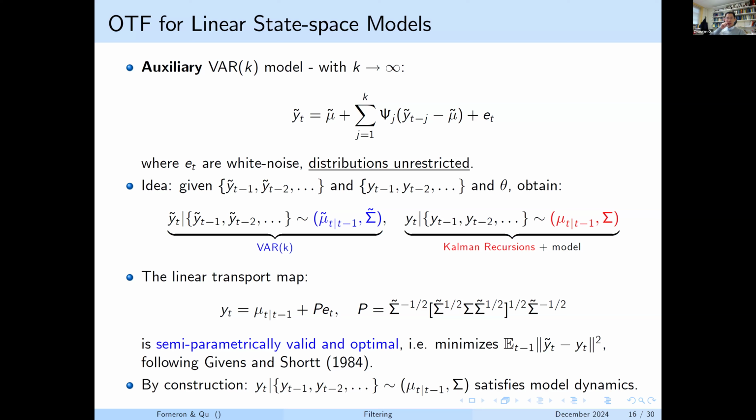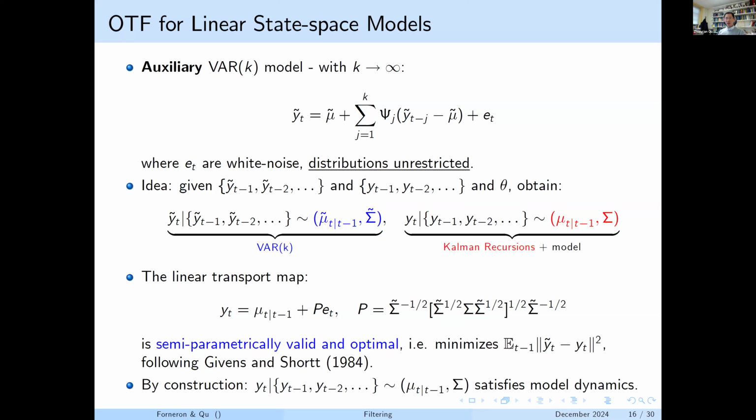I guess the bottom line is that those components that are needed for transport are quite easy to get. They are kind of closed form, and they do not involve any numerical aspects. They do not require simulations either. In this case, the transport map is linear. So the outcome from the transport Y_t is the sum of two components.